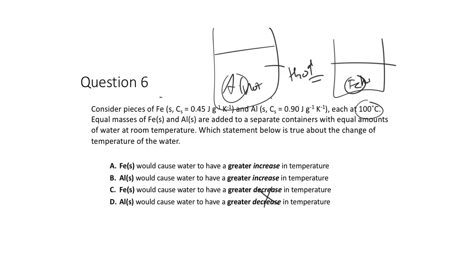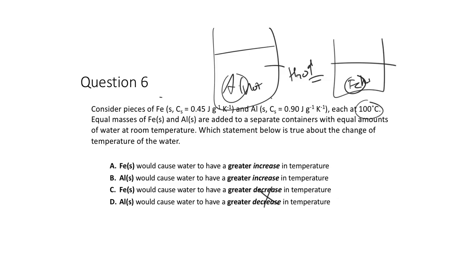Aluminum had to absorb more heat in order to increase its temperature to 100 degrees C. So if we're tracking how long this might take, it probably took aluminum a little bit longer to come up to 100 degrees C than iron, but they both get to 100 degrees C. So just picture putting a test tube filled with a piece of iron into a water bath that's at 100 degrees C. And then that water bath and that piece of iron will eventually equilibrate to 100 degrees C, and aluminum will too.